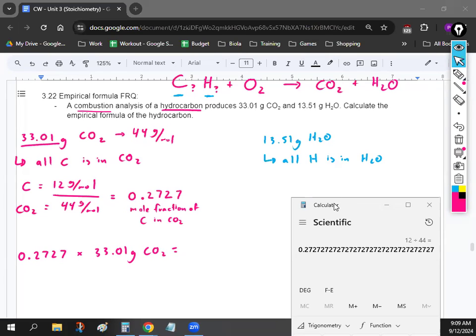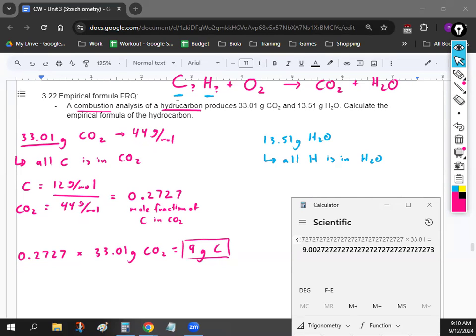Okay, and what that tells us is that we have 33 grams of CO2. Well, 9 grams of that comes from the carbon. Okay, so that's how you can figure out how much carbon there is inside of this system. Since all of the carbon went to CO2, that means this compound right here has 9 grams of carbon inside of it.